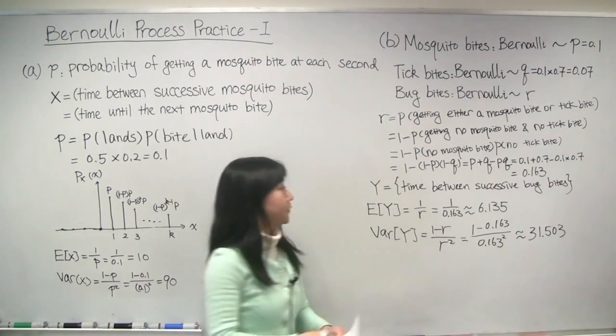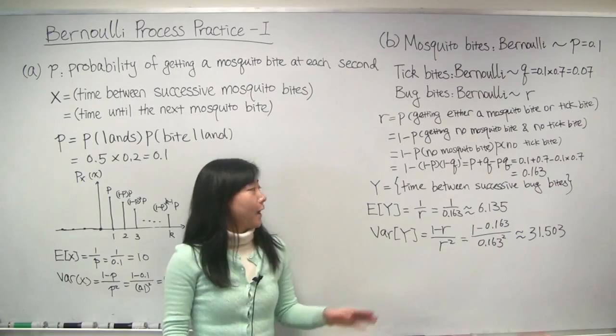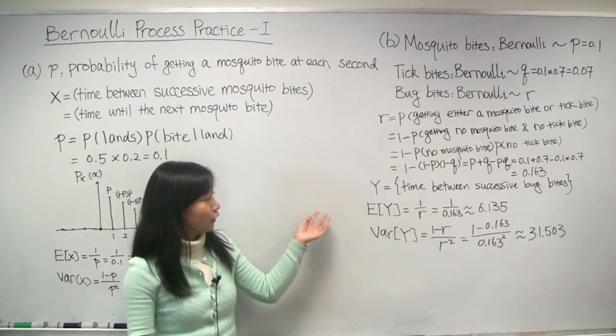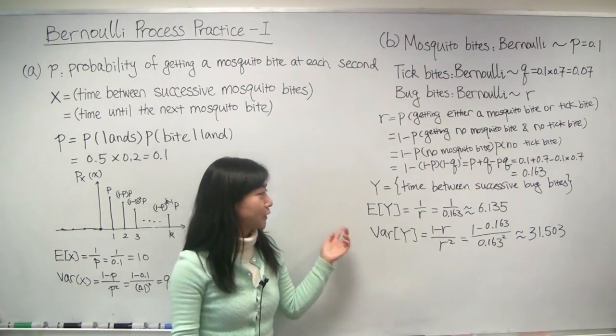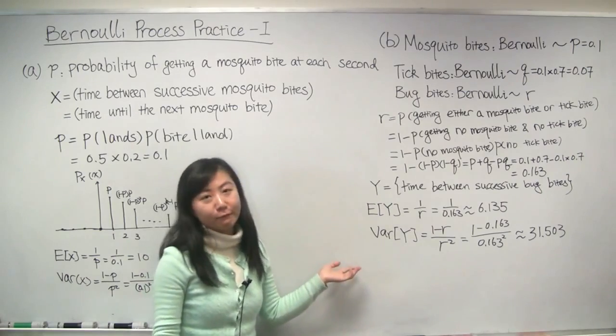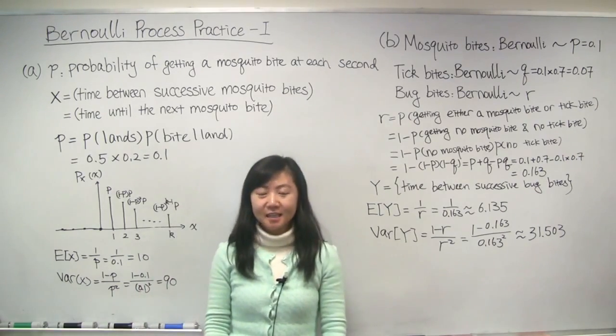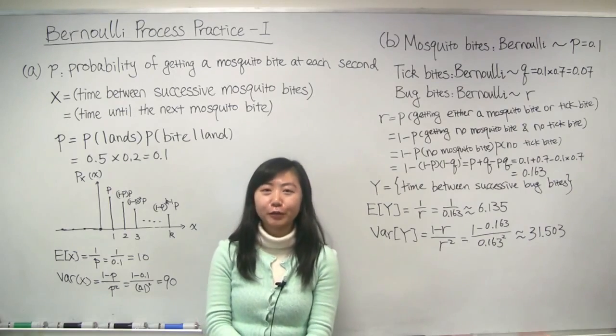So this gives us the expected value of the time between successive bug bites and the variance of the time between successive bug bites. And this concludes today's practice on Bernoulli process.